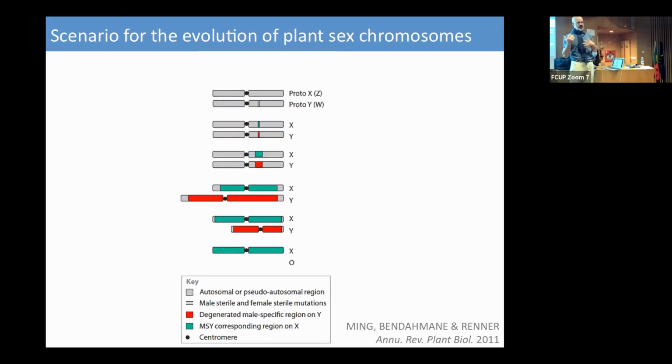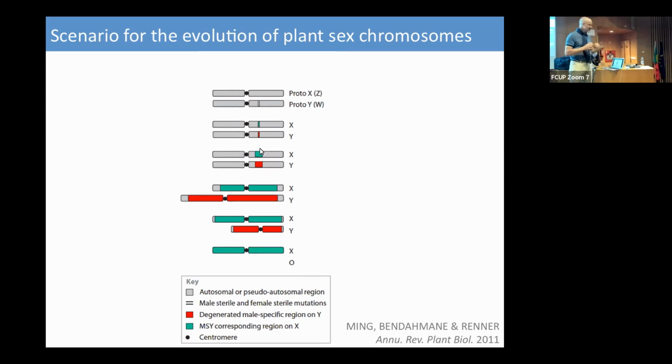This is a sketch to show you the scenario that we have for the evolution of sex chromosomes in plants. We think that the sex chromosomes originate from a pair of autosomes on which the sex-determining genes emerge, and then recombination is suppressed in the sex-determining region.